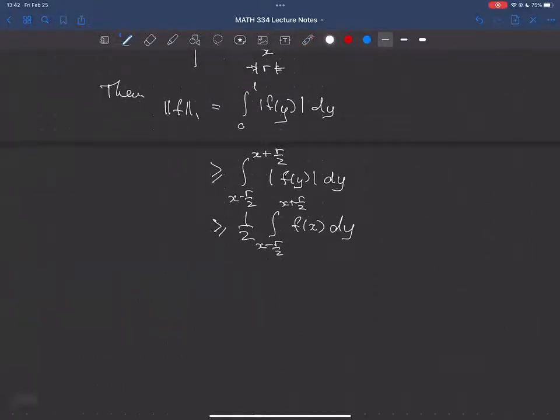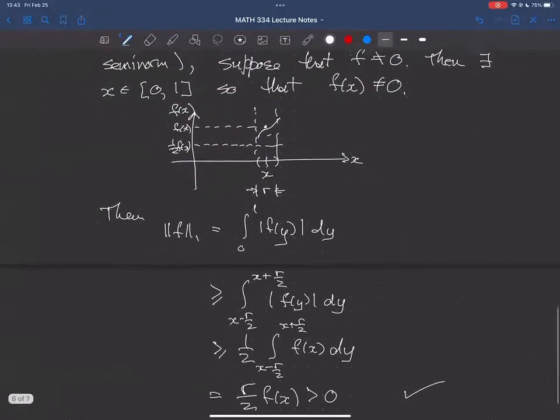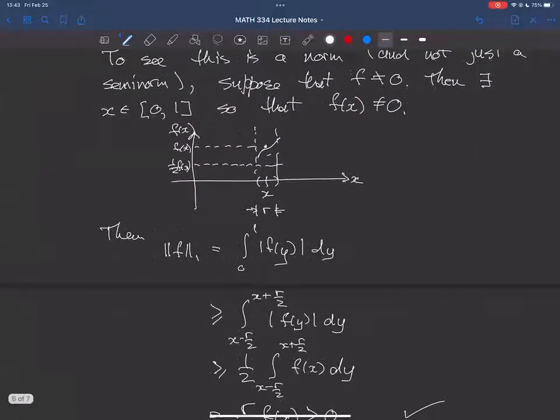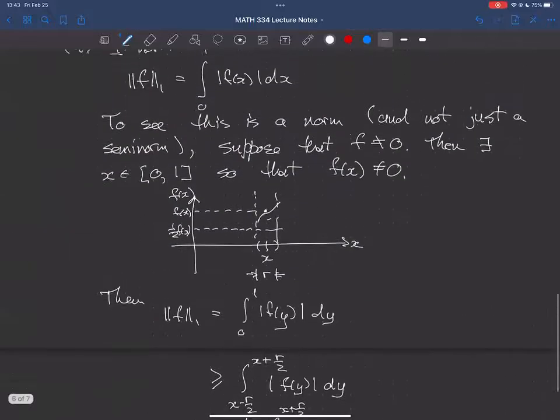And so I do this complicated integral, keeping in mind that this is a constant for the purposes of the integral. And so this is equal to r over 2 times f of x. Okay, and this is positive. All right, and so that is what I wanted to verify, which is that if the one norm of a function is 0, then the function must be 0. Okay, good.